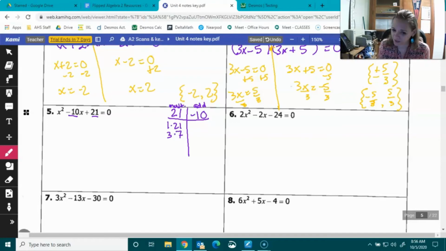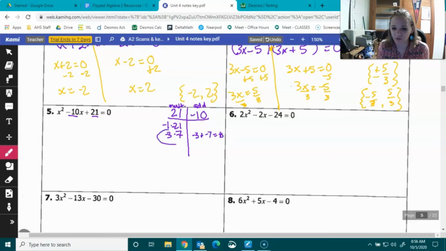To get a negative number, I'm going to have to make all these negative, because the only way I can have a positive value when multiplied but a negative value when added is if they're both negative numbers. So which values do I add to get negative 10? Clearly, that's this one. Negative 3 plus negative 7 will give me negative 10.